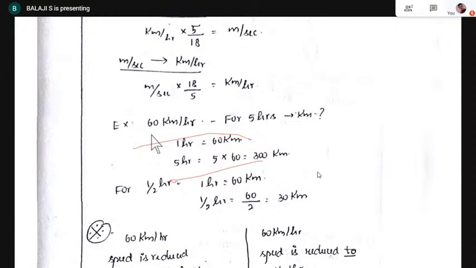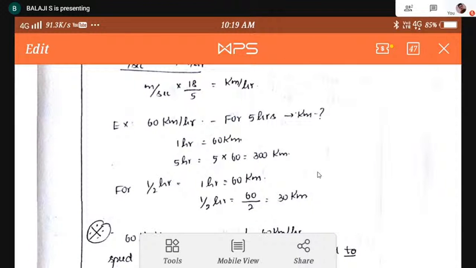Here 60 kilometer per hour is given. That is, suppose a car is traveling at 60 kilometer per hour.